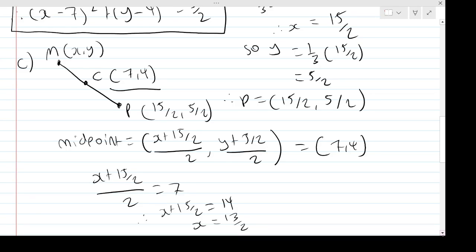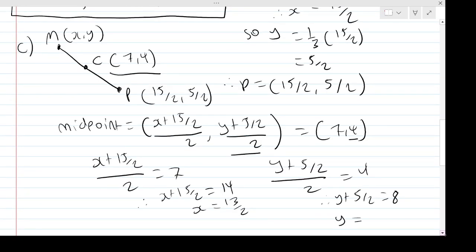And then likewise for the y part: (y plus 5/2) over 2 equals 4. Therefore, y plus 5/2 equals 8. So then y is 8 take away 5/2, to get me 11/2. There we are then.